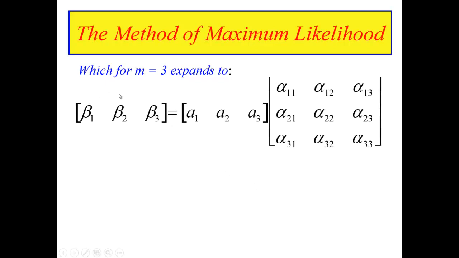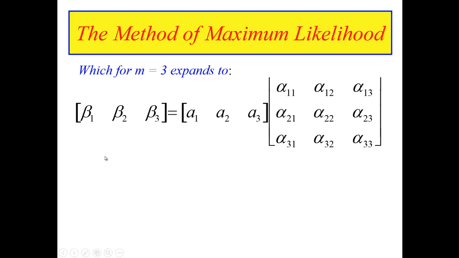These 3 terms, beta 1, beta 2, beta 3, would be given by the matrix multiplication that you would get from the matrix A1, A2, A3 multiplied by the square matrix, the alpha matrix. So in the familiar rules of multiplication of matrices, the A1 would multiply the alpha 1,1, the A2, the alpha 2,1, the A3, the alpha 3,1, and the sum of those products would give you the first term on the right-hand side, which would be the beta 1 term.